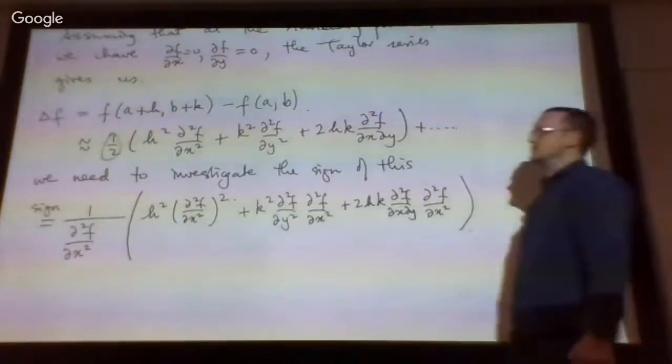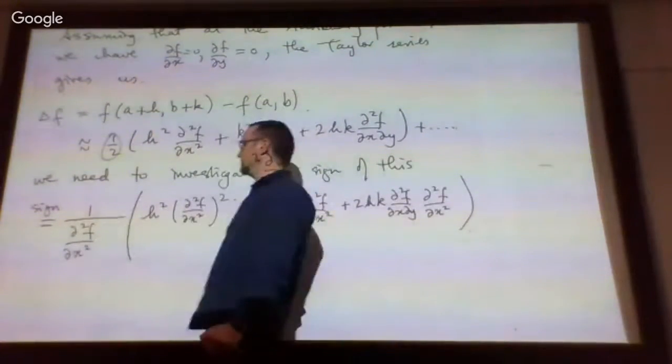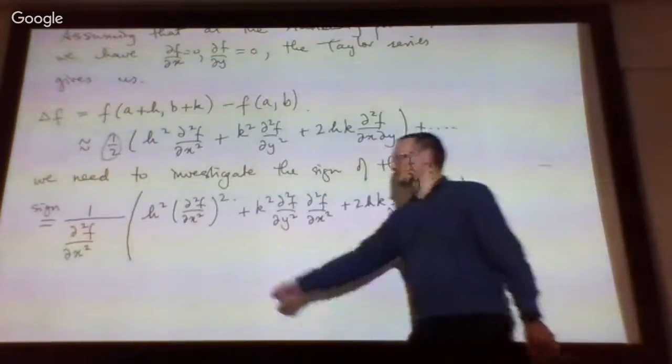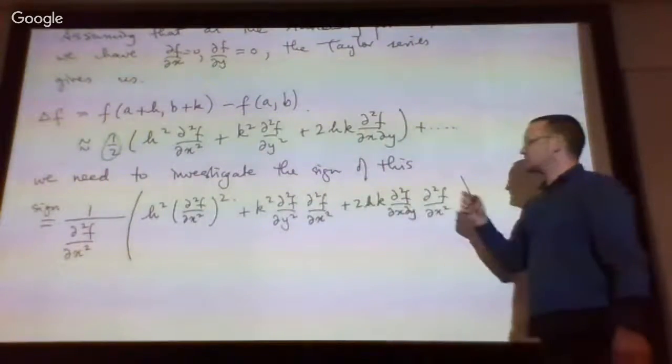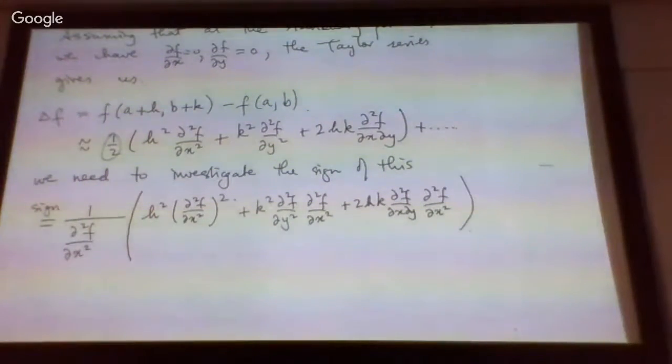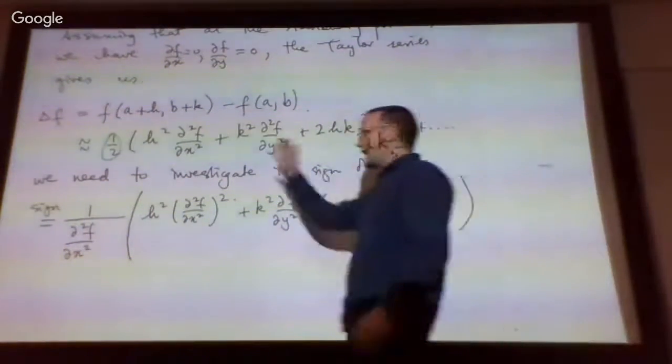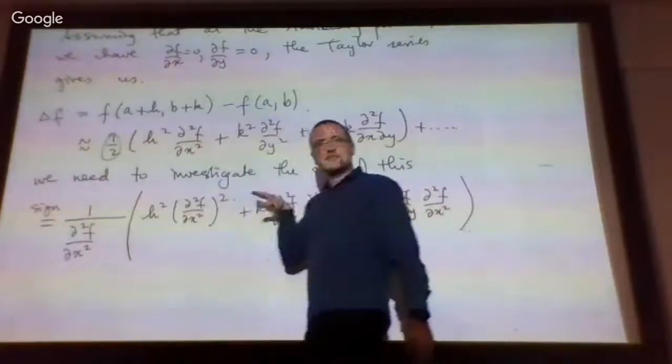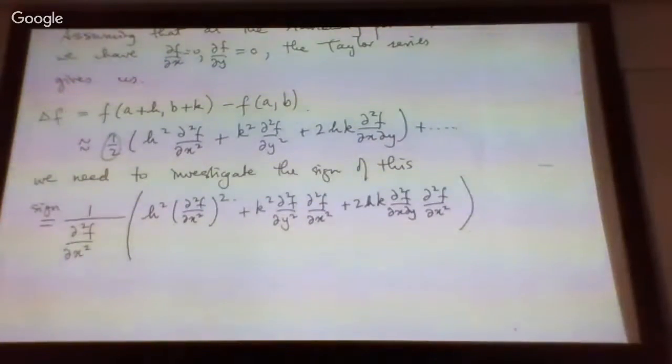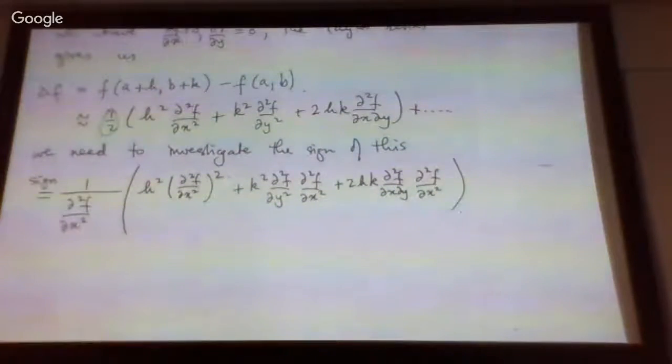I've pulled out this factor of 1 over d2f dx squared, and of course that introduces extra versions of that factor in each of those terms to compensate. So I haven't changed the thing, I've just multiplied and divided by the same amount. I've dropped the half, remember, because I'm only interested in picking up the sign of this thing, so I don't care whether it's a half of it or not.